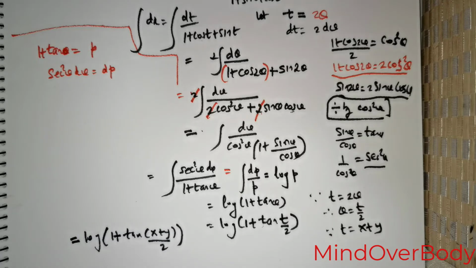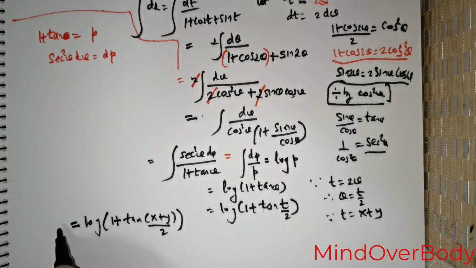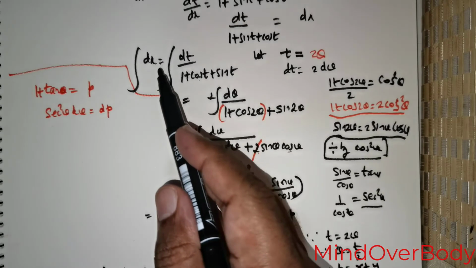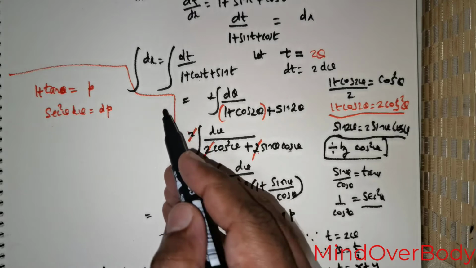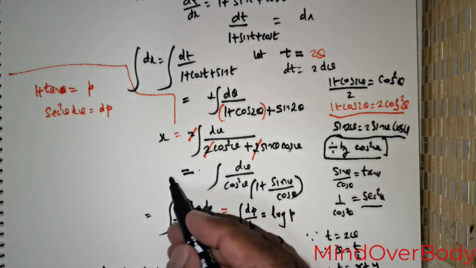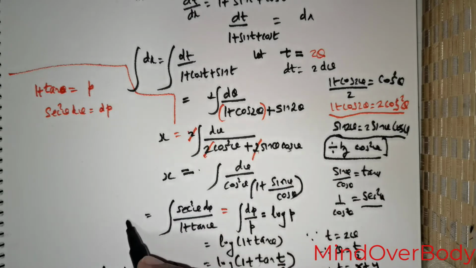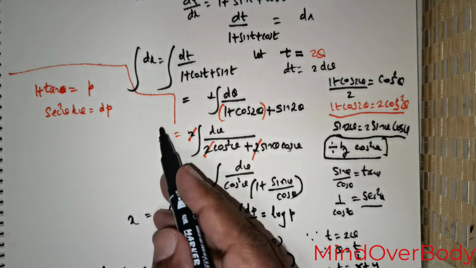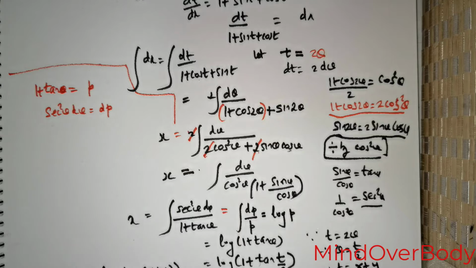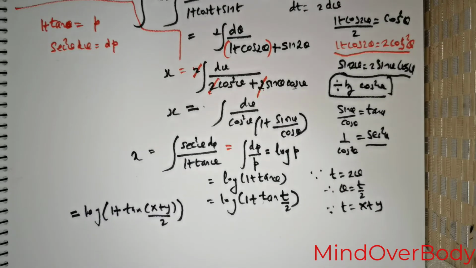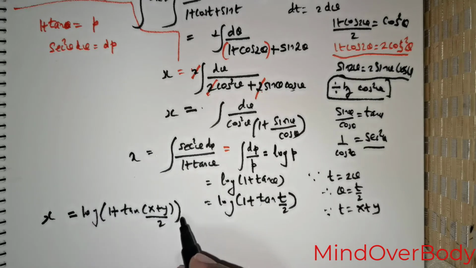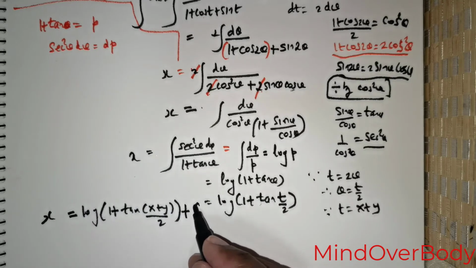Now this looks nice, but on the left side we will have to take note of this. When you integrate, you are actually getting x here, and that x is coming here, because integral of dx is going to be x. So on the left hand side I get an x, and to complete the equation I need to add an arbitrary constant.